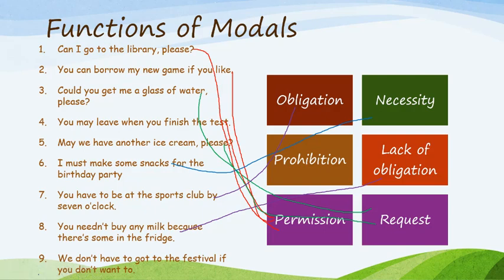Lack of obligation. Okay. So this is lack of obligation. And I forgot to write lack of necessity just now. So I'm just writing it here so you will know. Okay, lack of necessity.